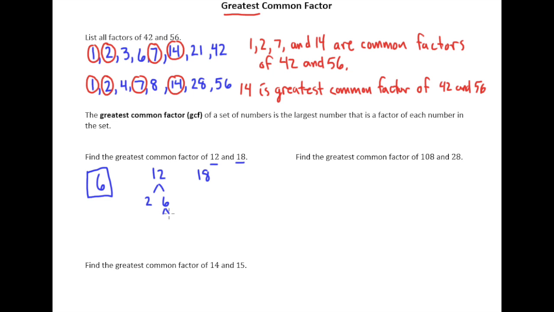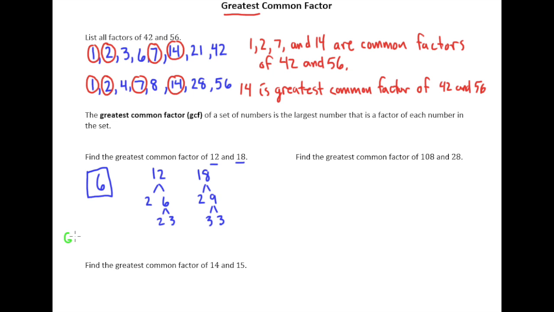So 12 would break down into 2 times 2 times 3. 18 would break down into 2 times 3 times 3. And then here's what we're going to do with these prime factorizations. We'll write out the little rule down here.